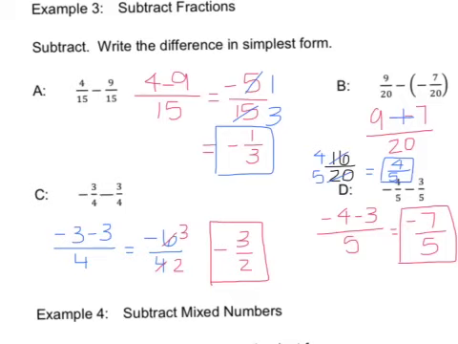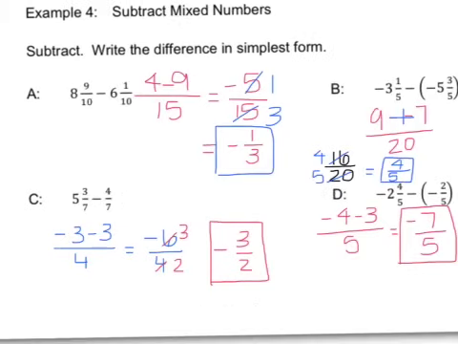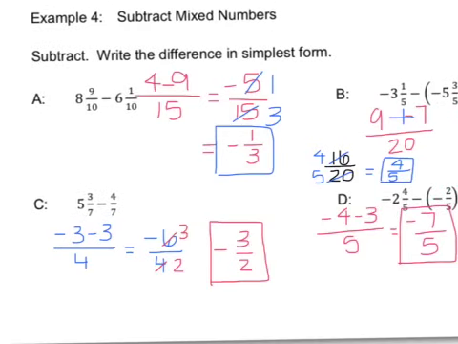Okay, now let's try subtracting with the mixed numbers. So subtracting with mixed numbers is easier to do if you just change them to the improper fractions. Then the minus signs and the negatives don't get all mixed up and all of that stuff. So the easiest thing to do is to change them. So we're going to do 10 times 8, which is 80, and we get 89 over 10.